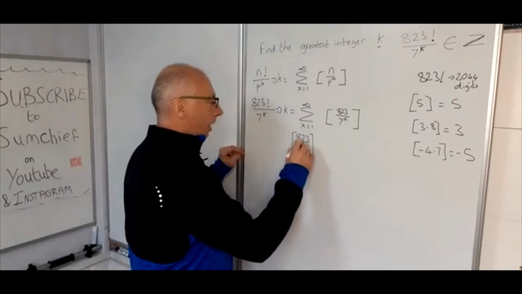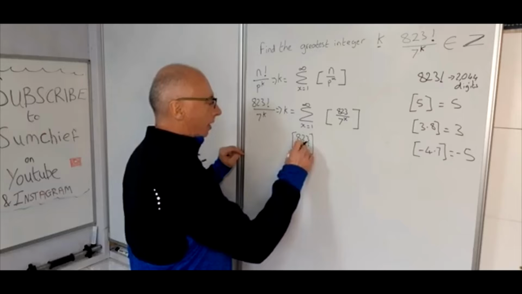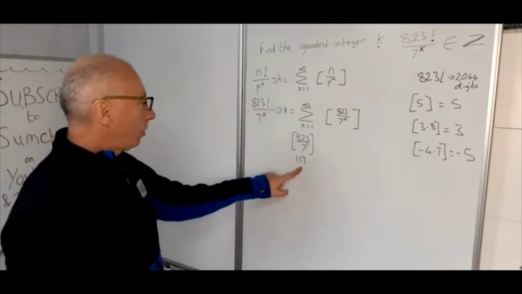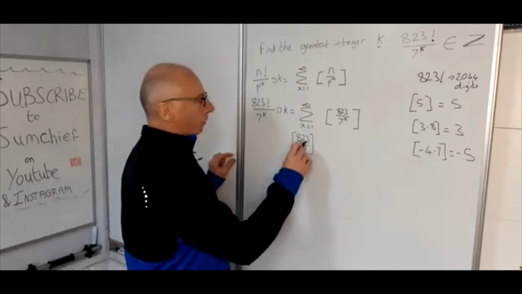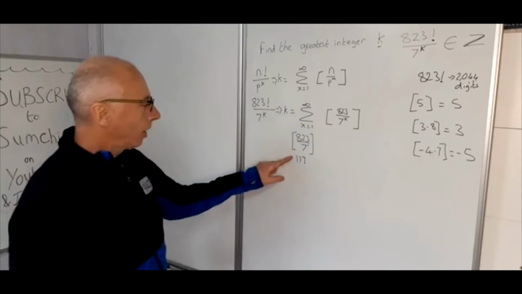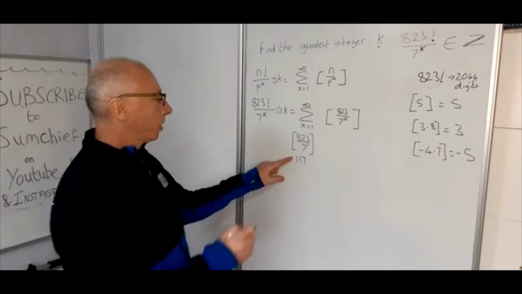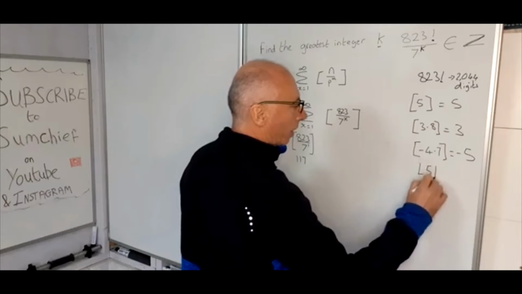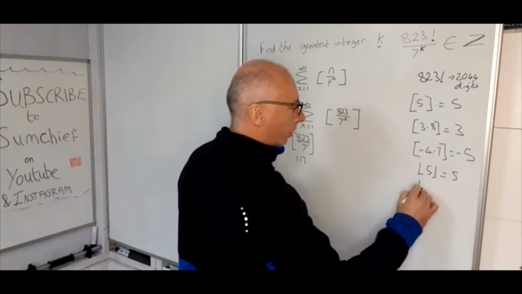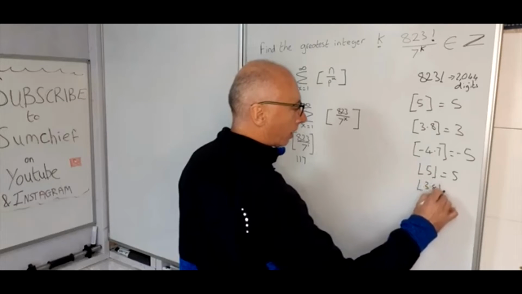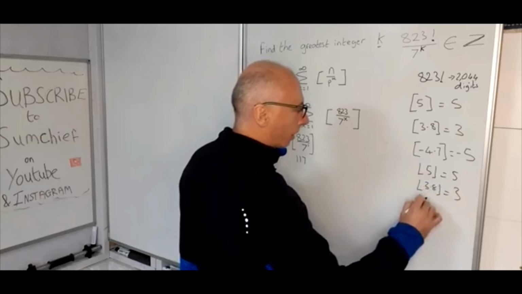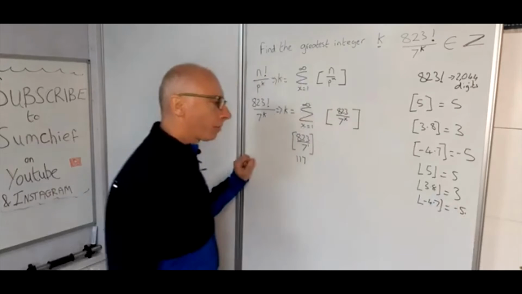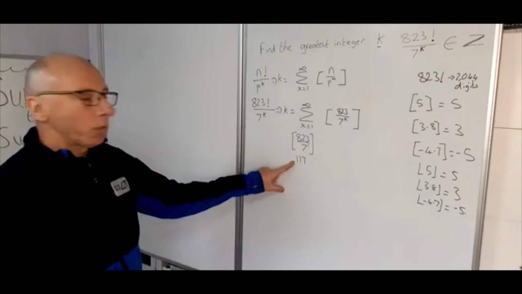Well, 7s into 840 would be 120, so we get 117. So that would be our greatest integer value here. We could also use the floor function, like I just mentioned. So same with these: the floor function of 5 equals 5, the floor function of 3.8 equals 3, and the floor function of minus 4.7 equals minus 5. So that's the first one.